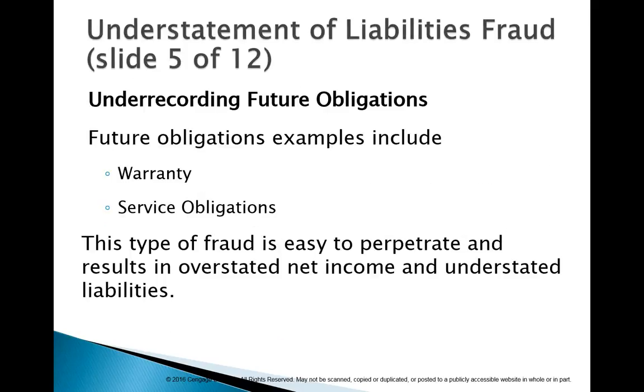So under recording future obligations, so if we sell product and that product has a warranty, we have to estimate what that warranty expense is going to be and set up a liability, reserve for that warranty expense. If we fail to do that, then we've under-recorded our expenses, and we need to record the costs of the warranty in the year that we make the sale to appropriately match the expense with the revenue.